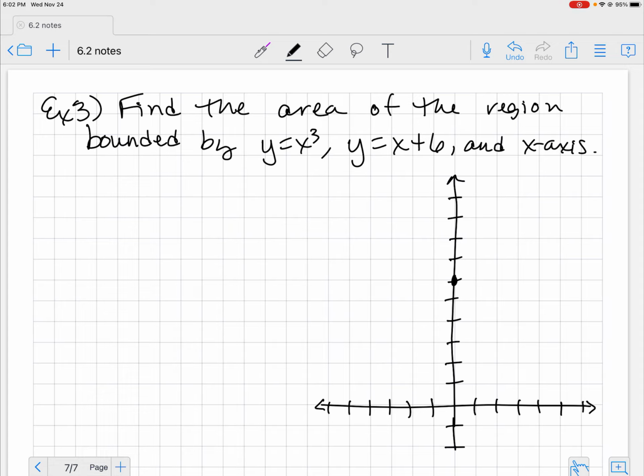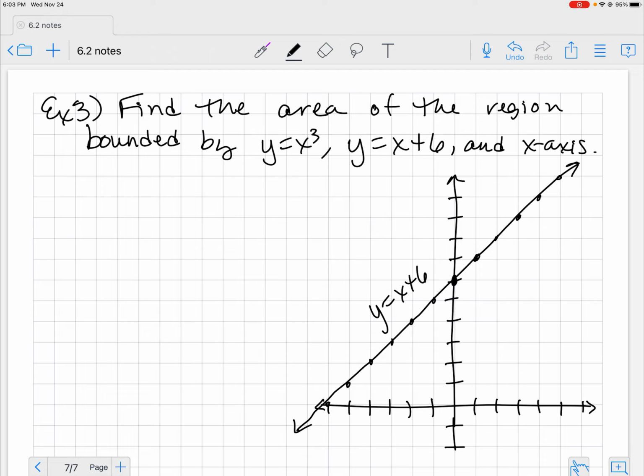And then I have y is equal to x plus 6, so my slope is 1. I'm going to make plenty of points here just to make sure that I'm covered. So here is my graph. Y is equal to x plus 6. I'm just going to write it over here. All right, so there's that one.